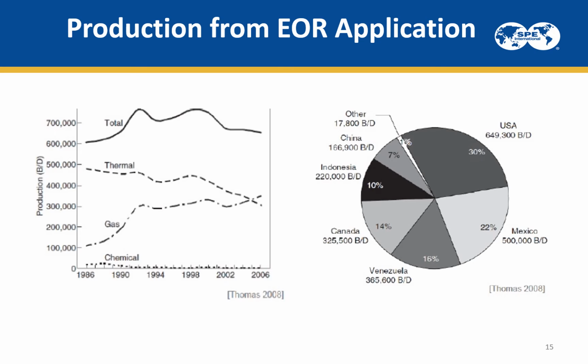This contribution mostly comes from thermal EOR projects, then from gas EOR projects, and some from chemical EOR projects. For the distribution across the world, based on this study, 30% of EOR contribution comes from the USA, 22% from Mexico, 16% from Venezuela, 14% from Canada, 10% from Indonesia, China 7%, and the rest of the world.